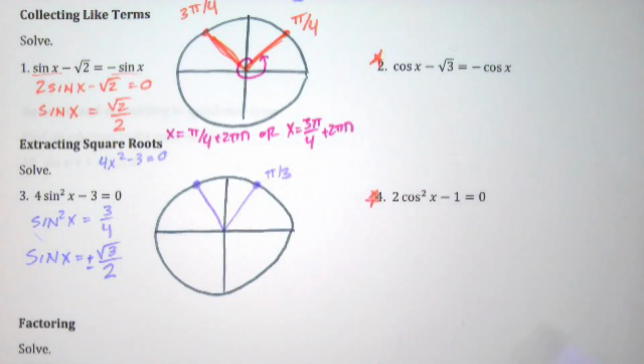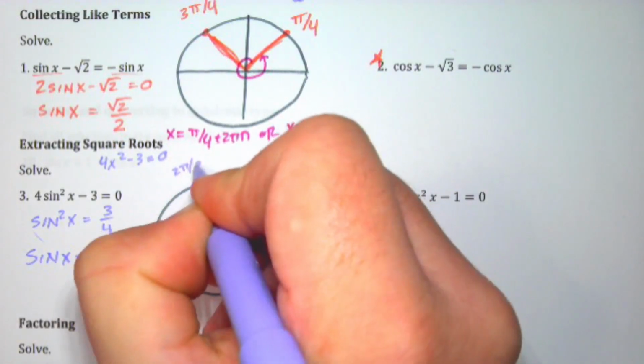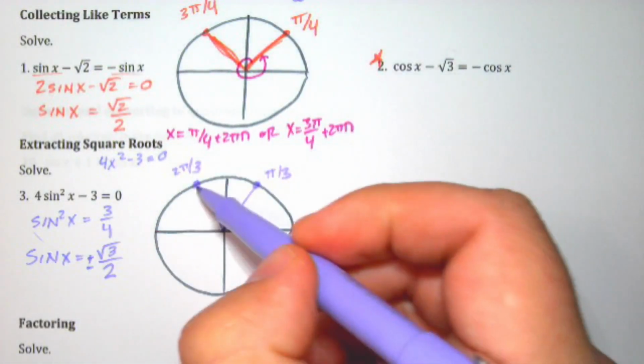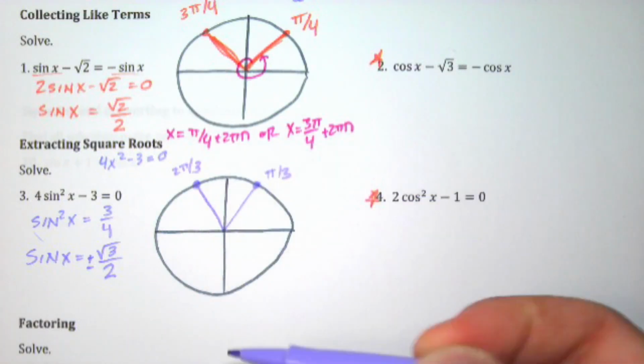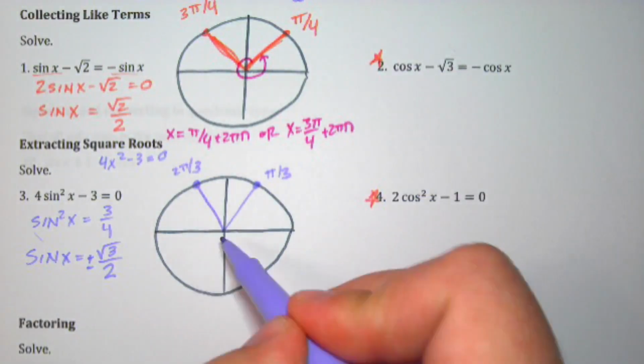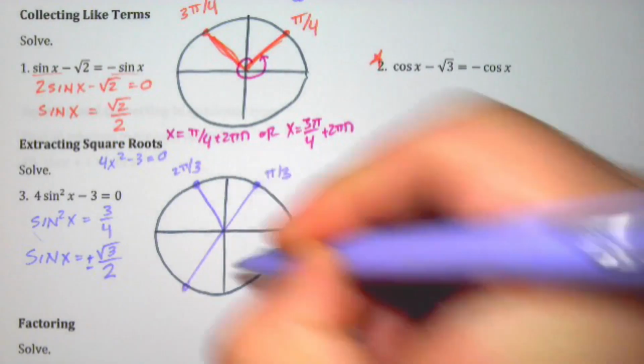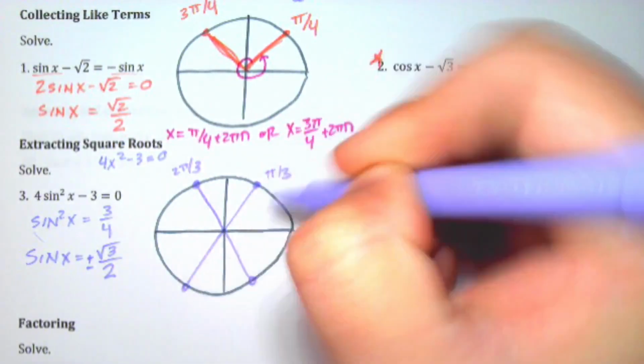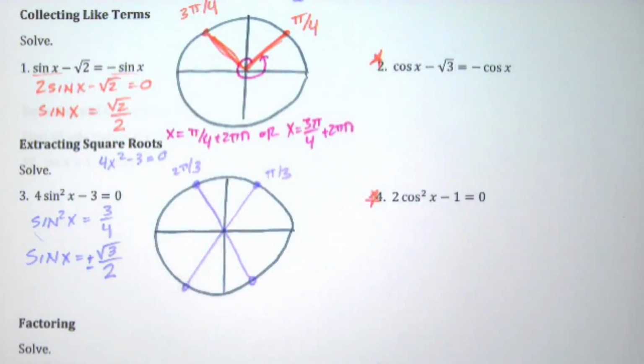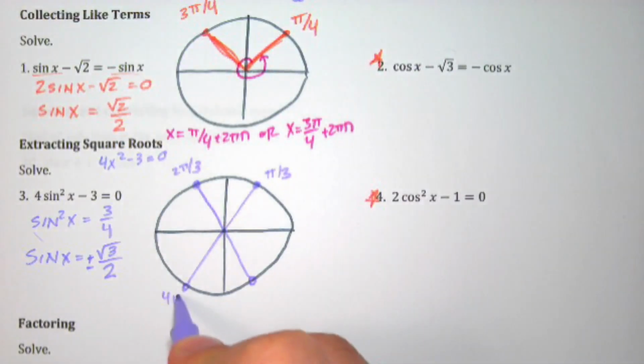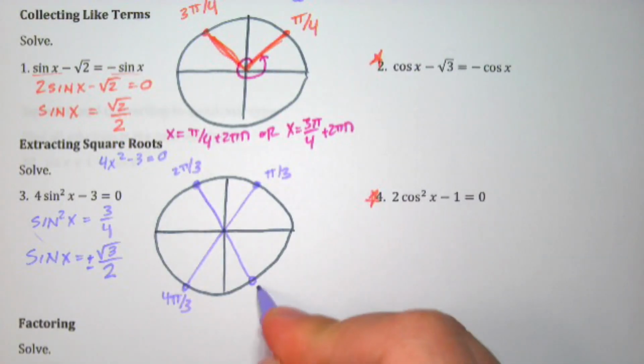And that ends up at 2 pi over 3. And then both of these can be reflected down to give the negative counterparts. So once you find it once, it's easy to find those other three. And this one's going to be 4 pi over 3 and 5 pi over 3.